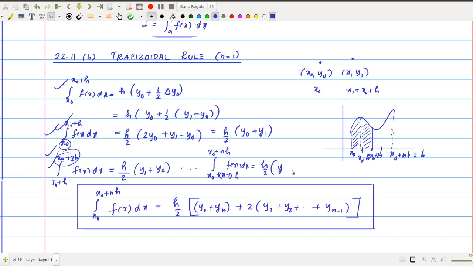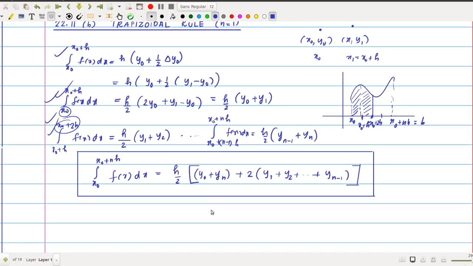Now we write this with yn minus 1 plus yn, and all this will lead to this formula. So please remember this formula. This is what we call the trapezoidal rule. Okay, now we can discuss an illustrative example for this trapezoidal rule.